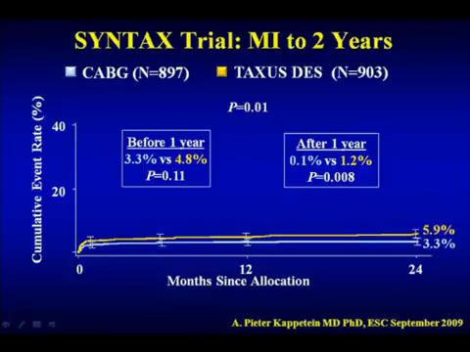Therefore, now at 2 years in the DES group there is a higher MI rate, not at 1 year but after, and we can expect that because of the 80 to 100 millimeter of lesions covered by the stents, stent thrombosis and all this comes into play, which becomes very important for the FREEDOM trial we just completed 2 weeks ago with 1900 patients, and we need to be careful, and of course we have to patiently wait for the results by 2012. But the key is that myocardial infarction does increase in the TAXUS DES compared to the CABG group.